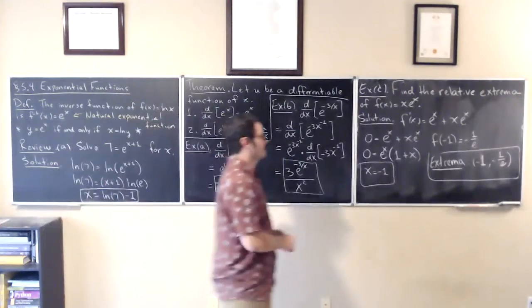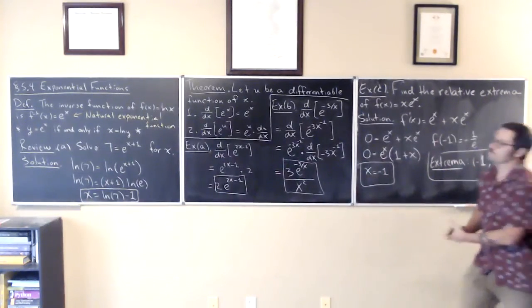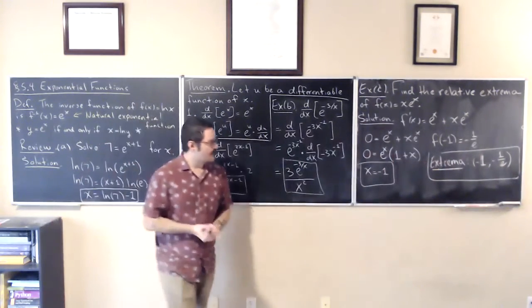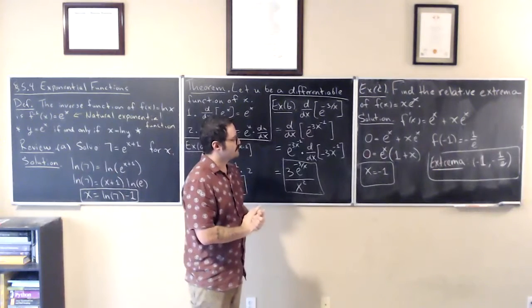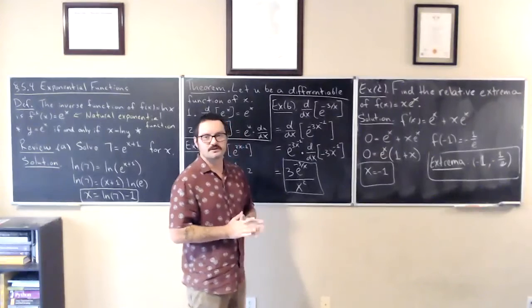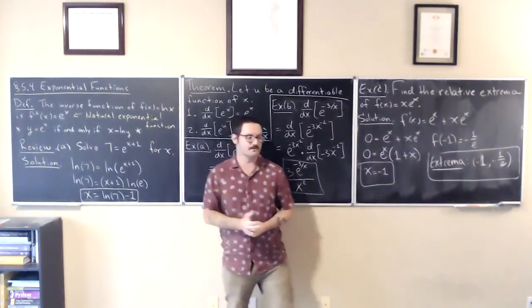So those are the solutions to those example problems. Okay. So now we're going to move to integrals of these natural exponential functions. So let me pause the video real fast, clean up my boards, and then we'll get started.